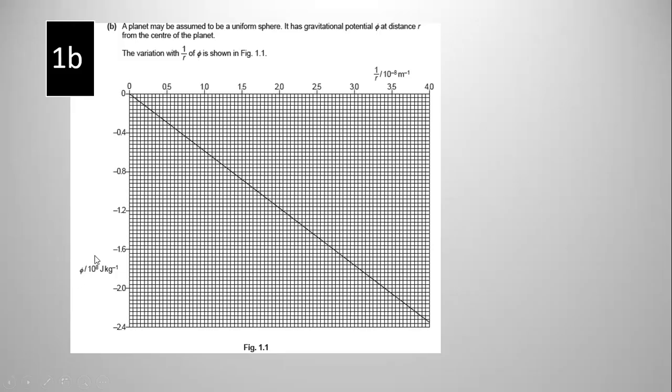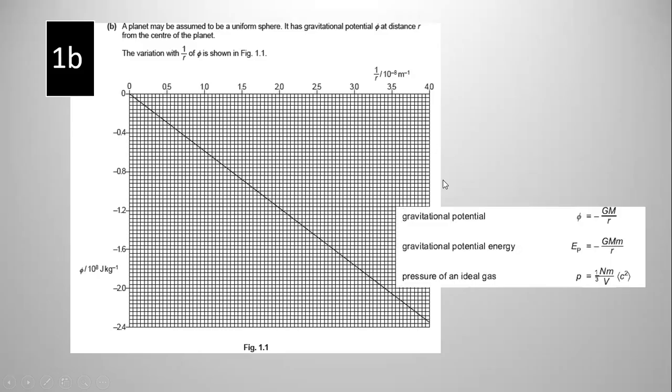Phi is 10 to the power 8, 1 over r, 10 to the power minus 8. Formula sheet given there, so you should be able to say what's the equation of the graph. That is your y, there's your gradient, there's your x. y equals mx.